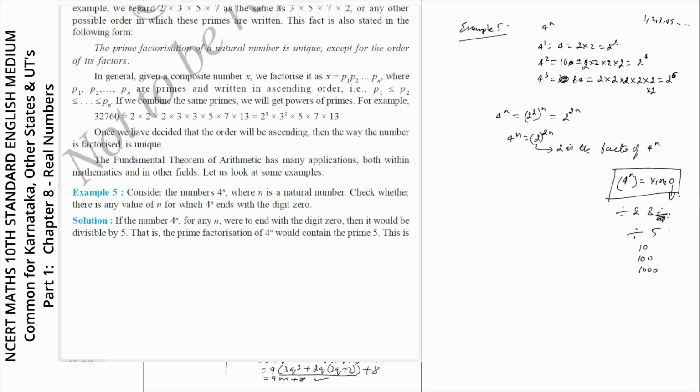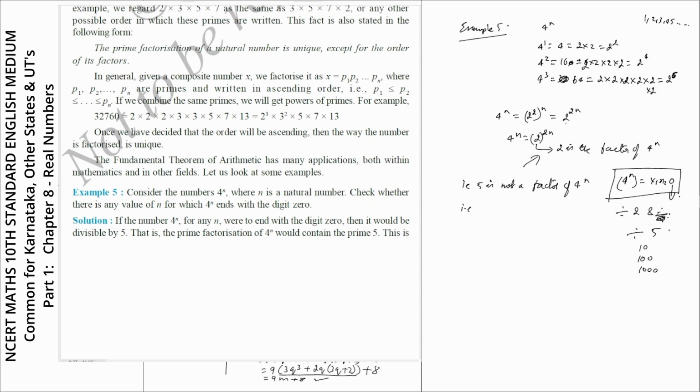But here you can see 4 to the power of n is equal to 2 to the power of 2n. That means 2 is a factor of 4 to the power of n, and 5 is not at all a factor of 4 to the power of n.